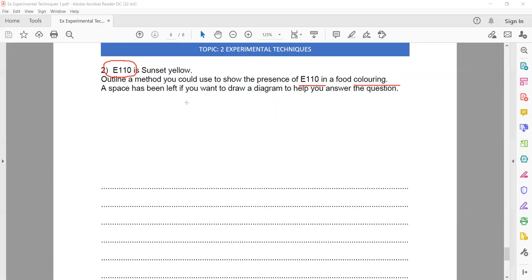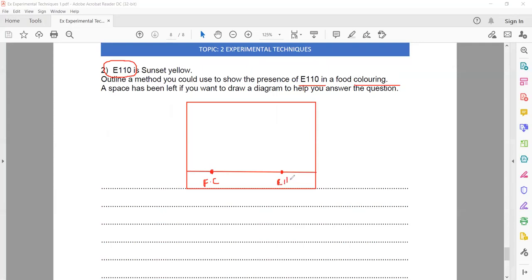So what we can do, we can take a chromatogram. We'll draw the origin with pencil, and then we'll place a food coloring here. I'm writing FC, which means food coloring, and then we place E110, sunset yellow, a yellow color.